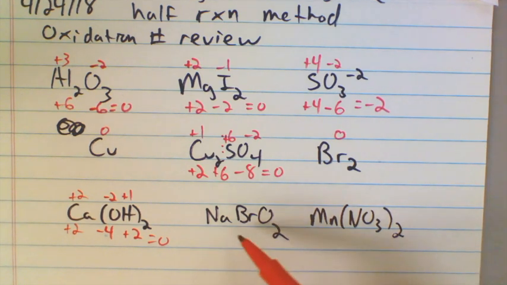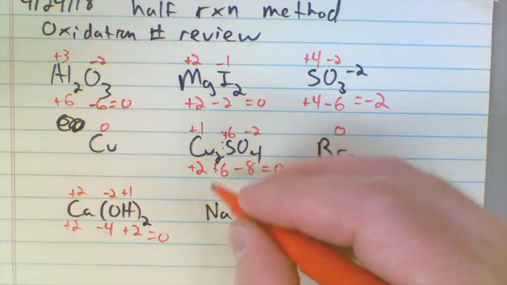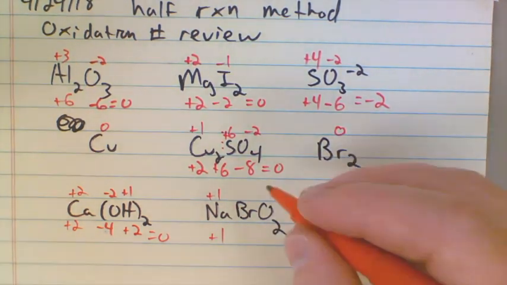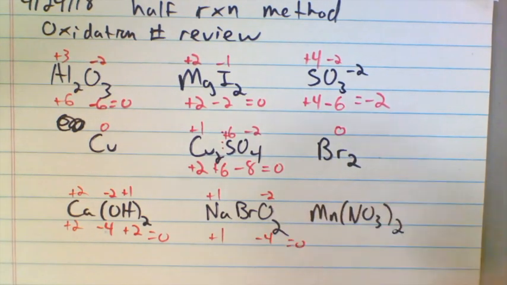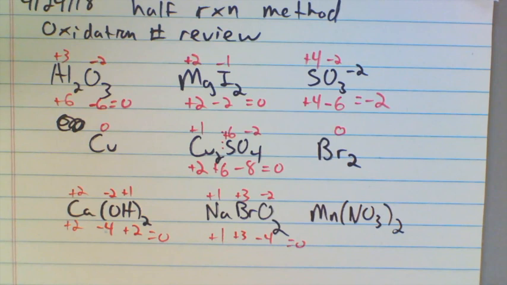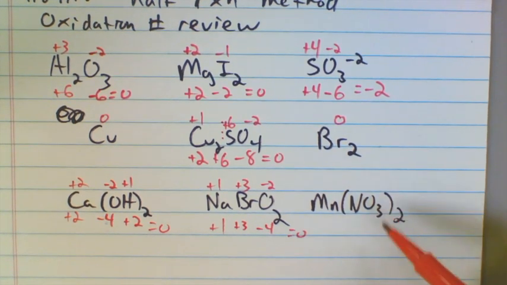How about sodium bromide here? +1 for sodium. Yeah. Next, -2 for oxygen. So grand total of -4. So what's... +3? So bromine +3.